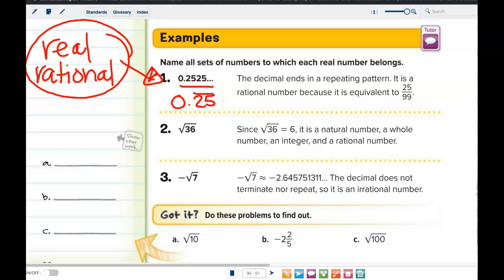For example 2, we have the square root of 36. The square root of 36 actually equals 6. So we could write 6 as a fraction because we could write 6 over 1. So we know it is a rational number. We know it is an integer because it's a positive whole number.